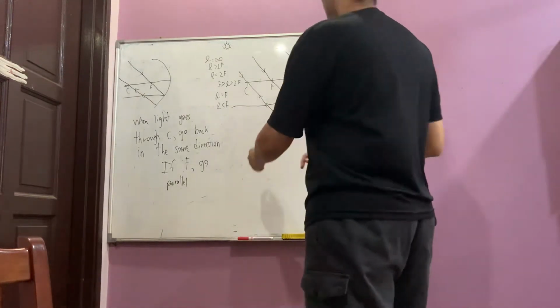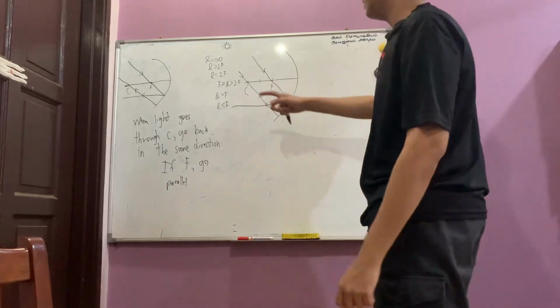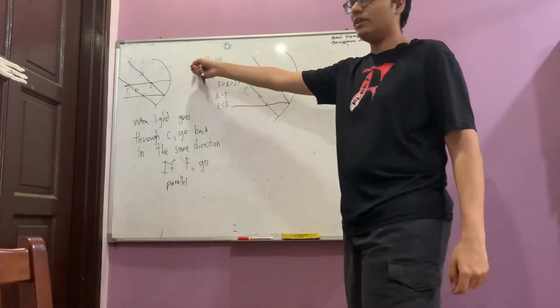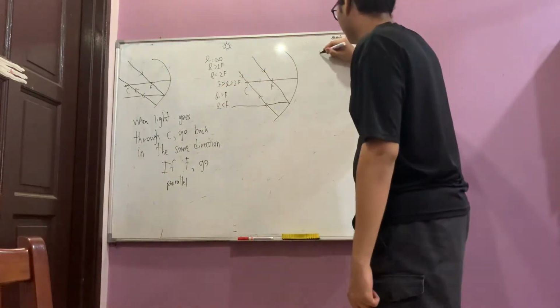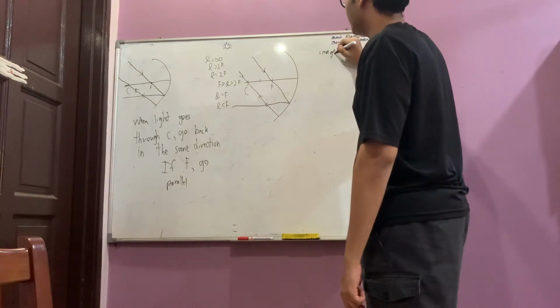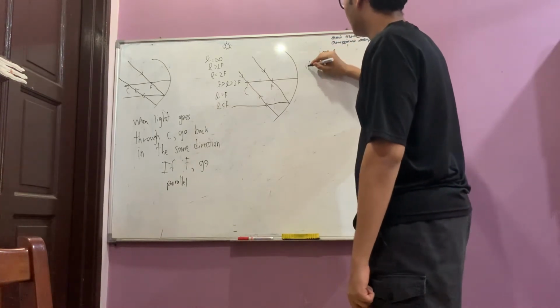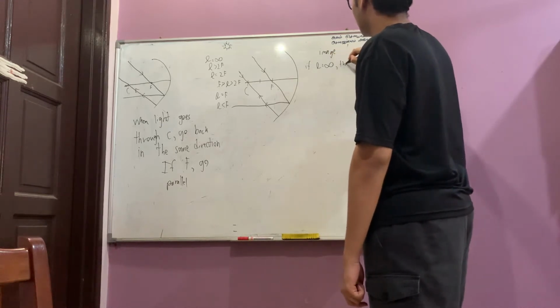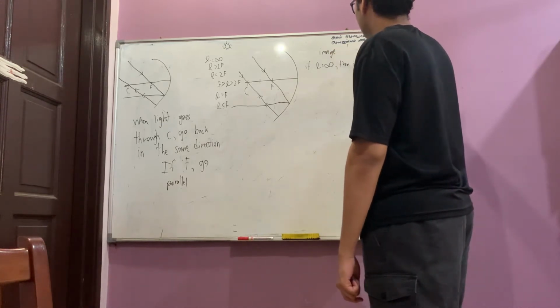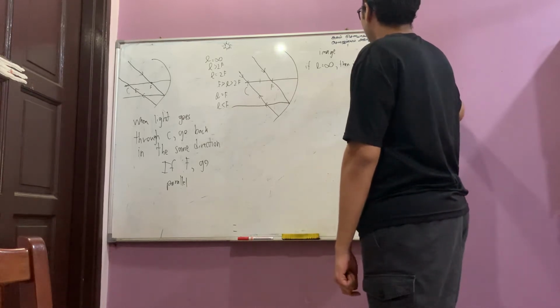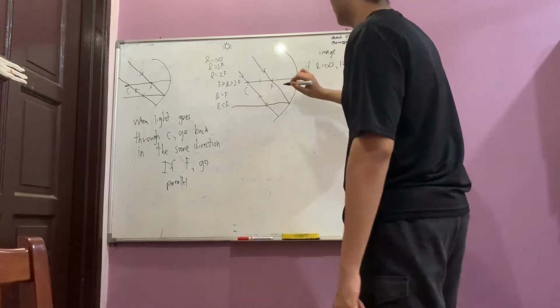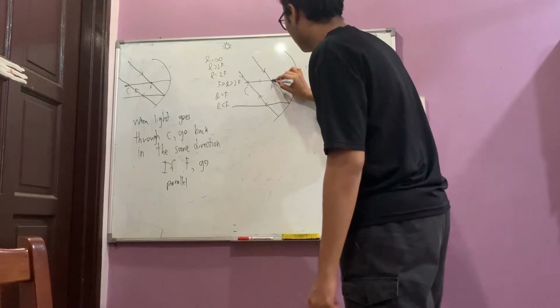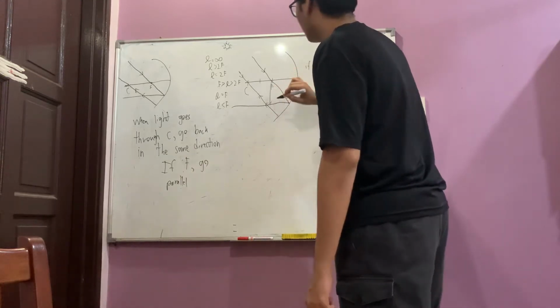So this is how light rays work. If the object is at infinity, if L equals infinity, then the image is at F. The drawing is not perfect, but the image should be formed around here.